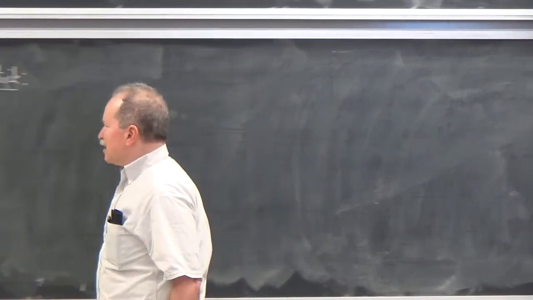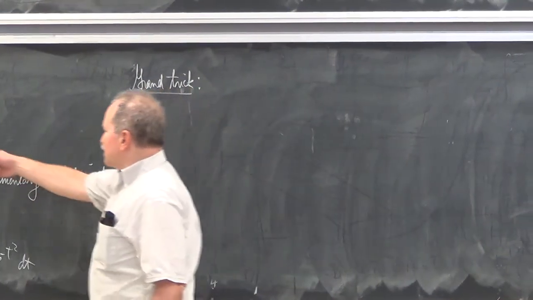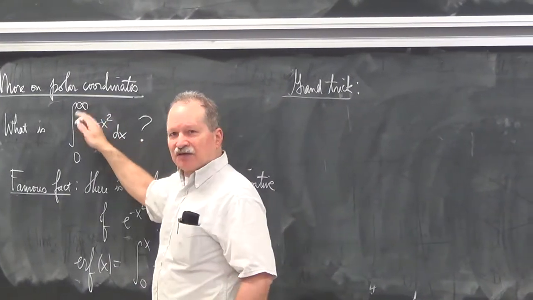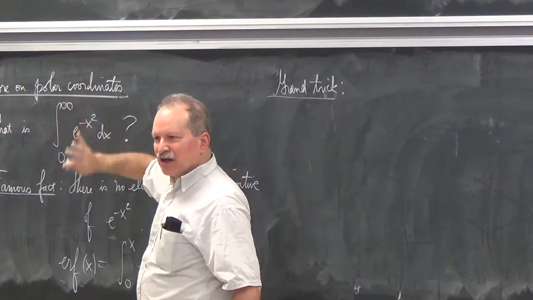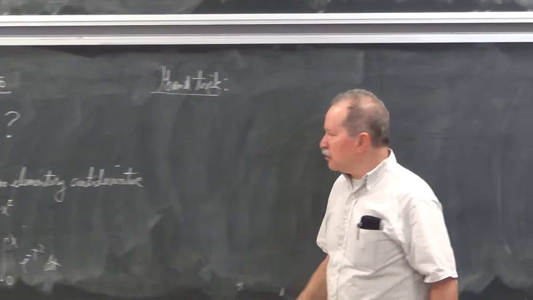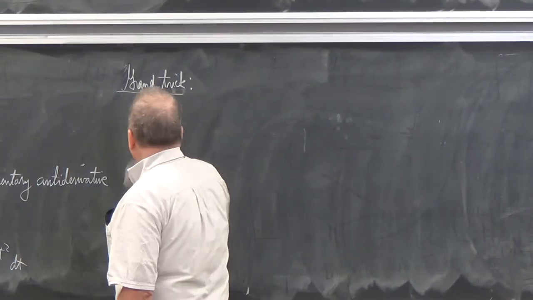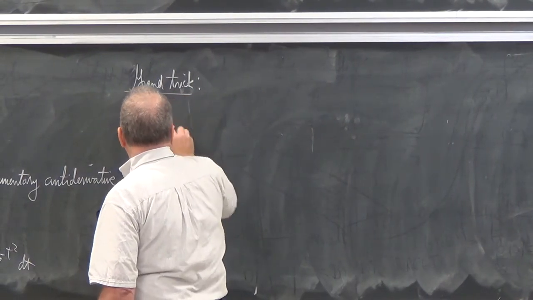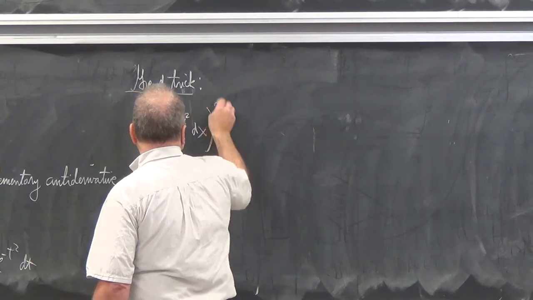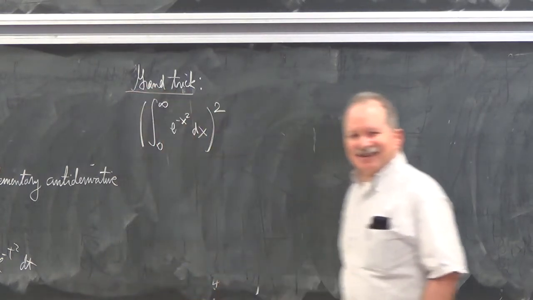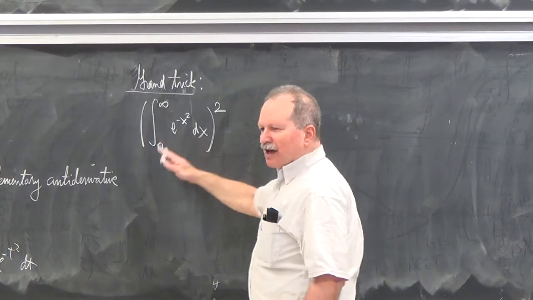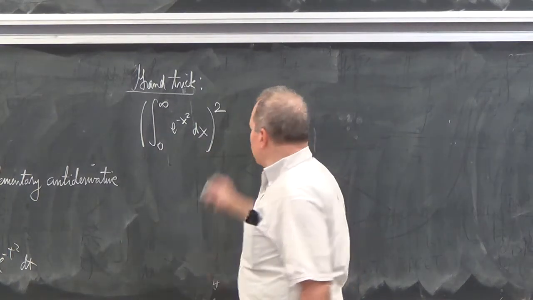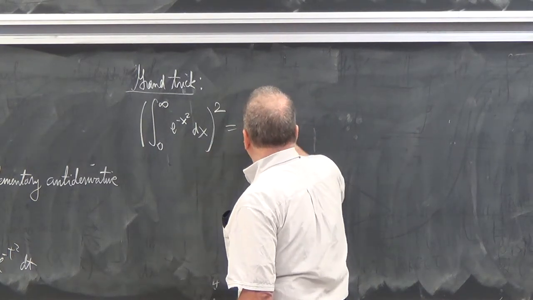So the grand trick is to say, I don't know what this is, so I'll discuss at the end why this integral makes sense, why the improper integral exists. But right now I'm just going to be engineering style and just compute. I don't know what it is, but let's just square it. Now that I've squared it, I'm multiplying a number times itself, but let's disguise one of them.